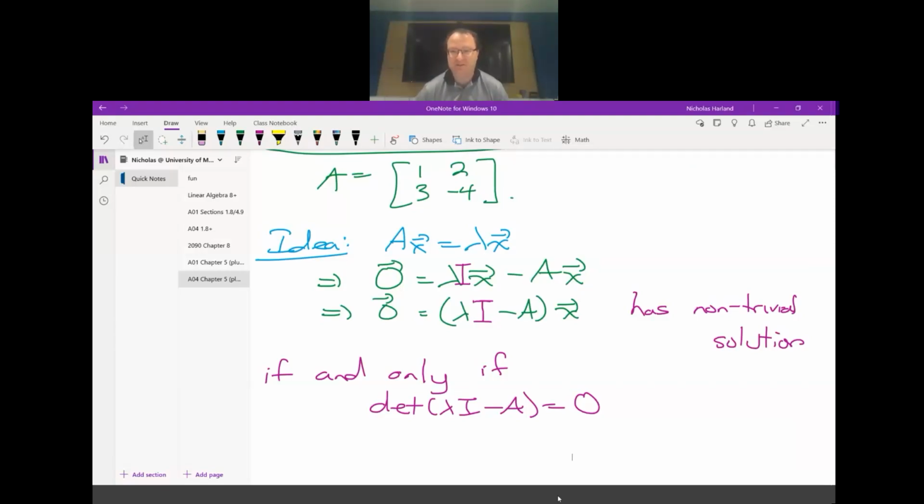So for the sake of consistency, I'm going to stick with lambda I minus A. If you wanted to find eigenvalues and you moved it and got A minus lambda I, you would still get the same eigenvalues, even though the polynomial would not be the characteristic polynomial half the time. So in this class, we're going to stick with lambda I minus A.